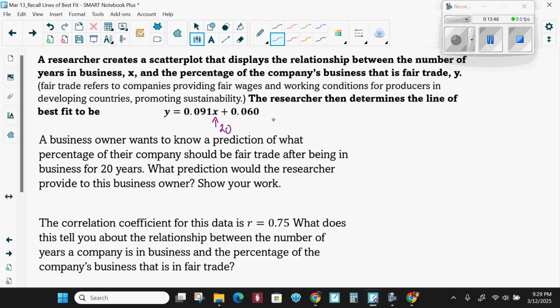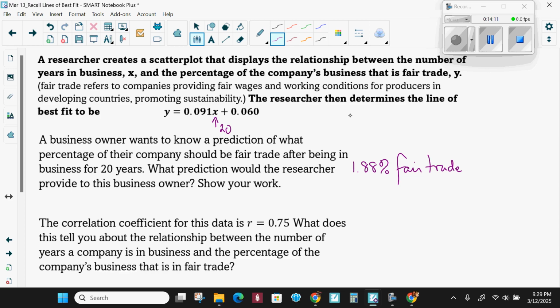Okay, so if I typed this in right, what percentage of the company's business is fair trade? They should expect 1.88% fair trade. That's not a whole lot.